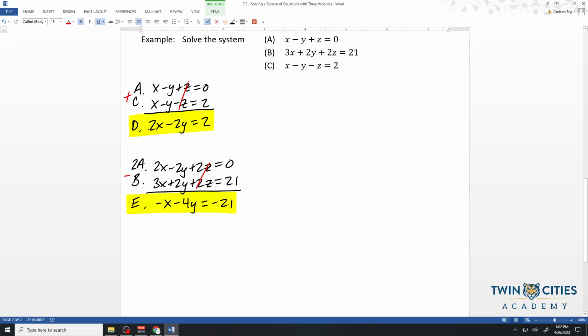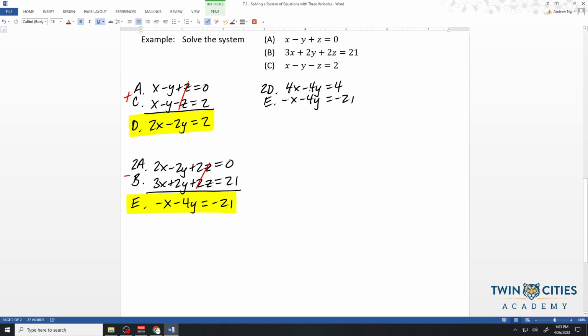So if I multiply D by 2, this will give me negative 4y to match the negative 4y in E. So that'll be 2D and then E. 2D is 4x minus 4y equals 4. And E is negative x minus 4y is equal to negative 21.